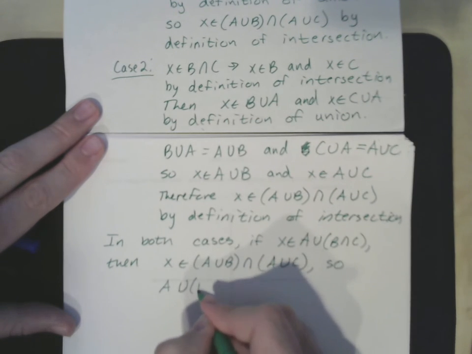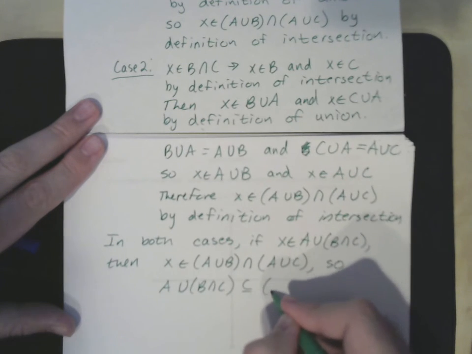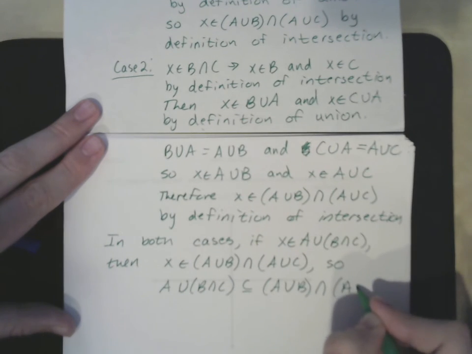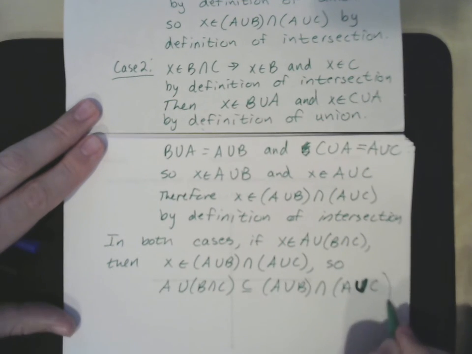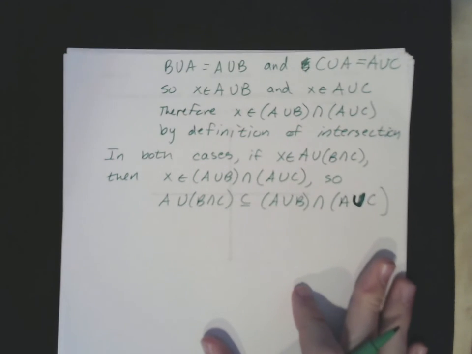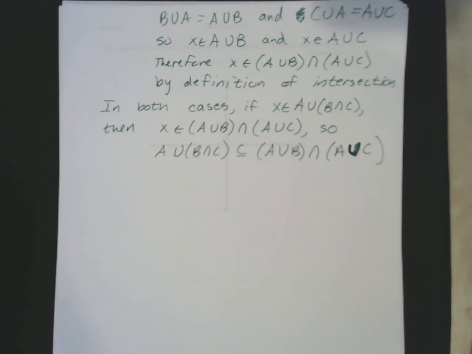A union (B intersect C) is a subset of (A union B) intersect (A union C). Just supposed to be the union symbol. So we have half of our proof.